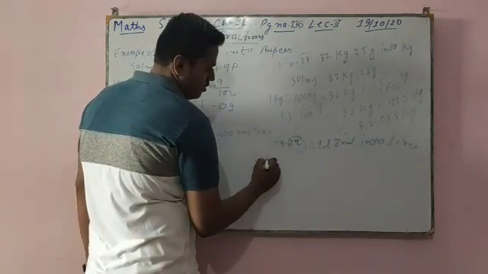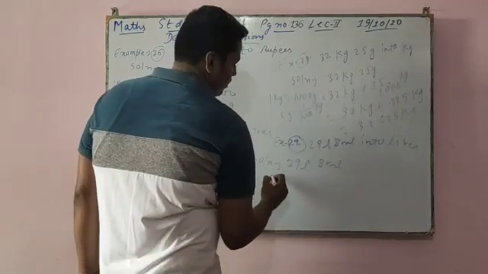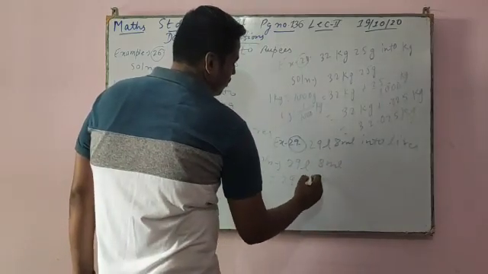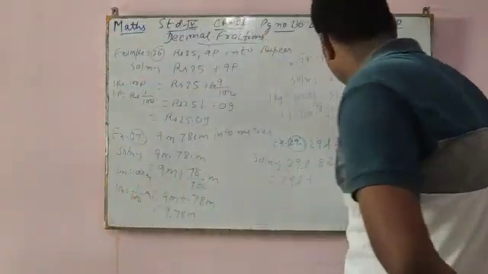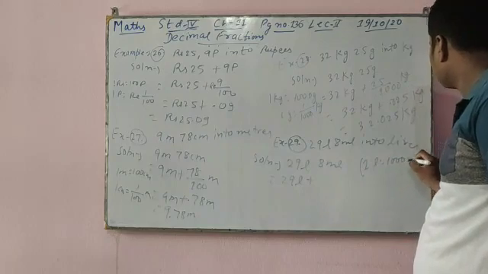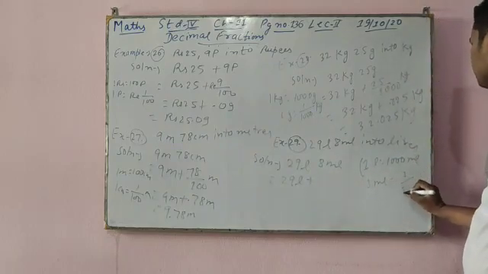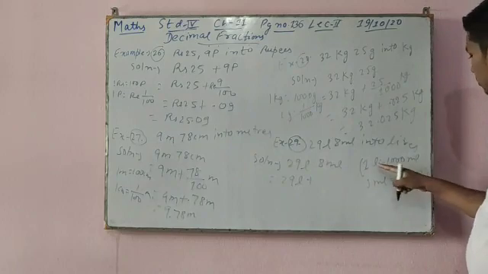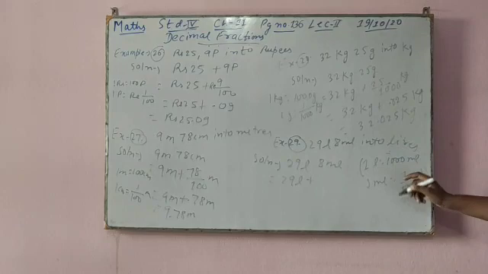See the solution. 29 liter and 8 milliliter. This is already in liter, so no need to change it. We need to change only the milliliters into liters. We know that 1 liter is equal to 1000 milliliters and 1 milliliter is equal to 1 by 1000 liter. When we change liter into milliliter, we multiply, and when we change milliliter into liter, we divide by 1000.